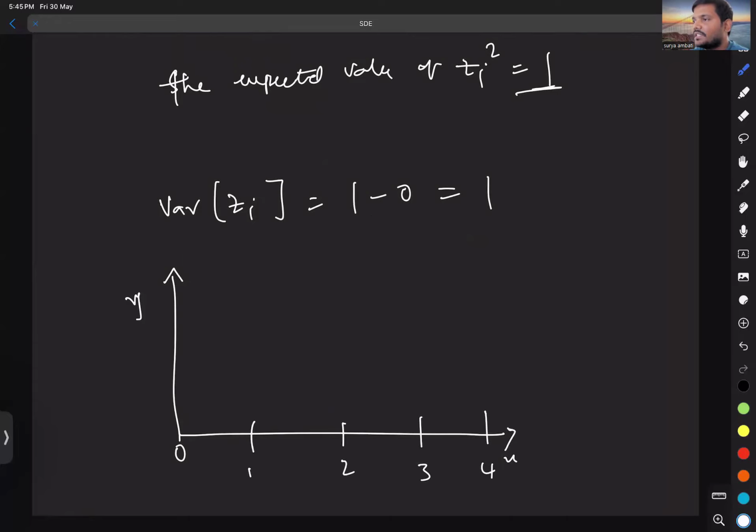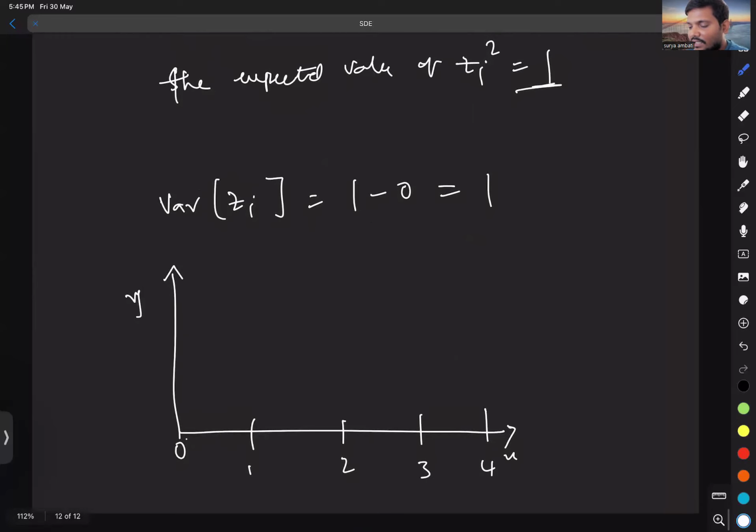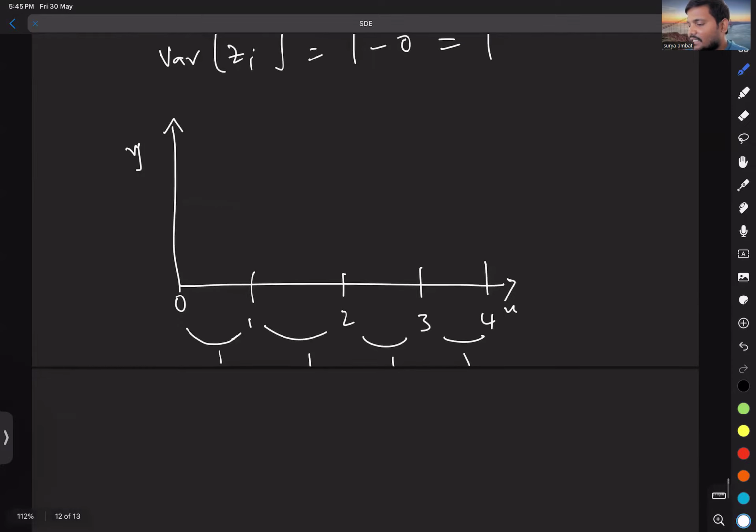What the variance is saying is how much spread there is. In the graph, what is the spread? It is 1, right? The gap between this 0 and 1. So variance is speaking about this. Basically it gives us the spread.